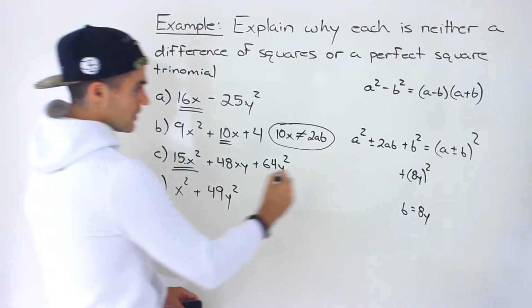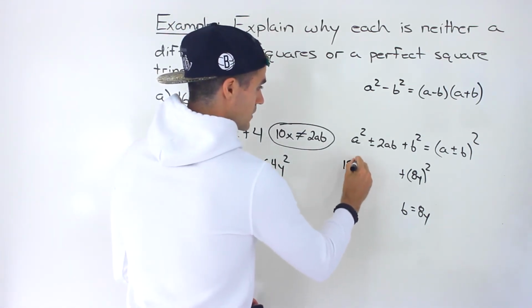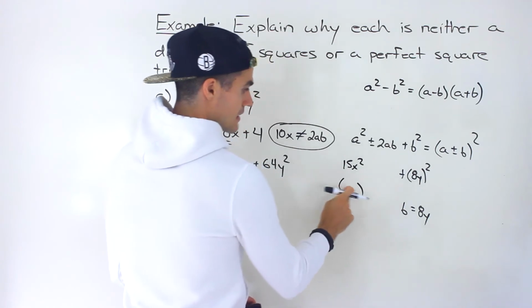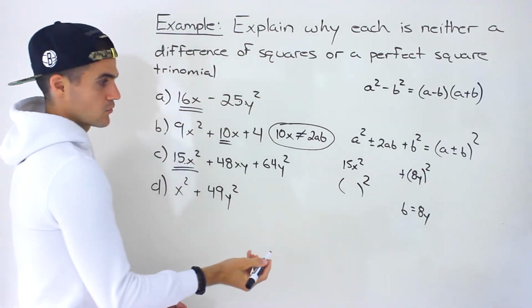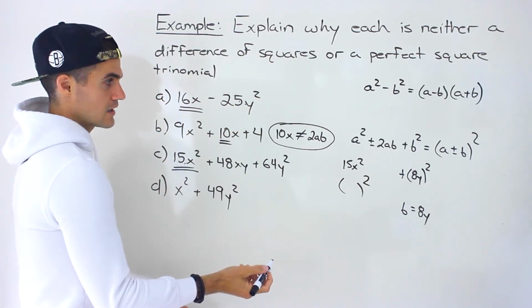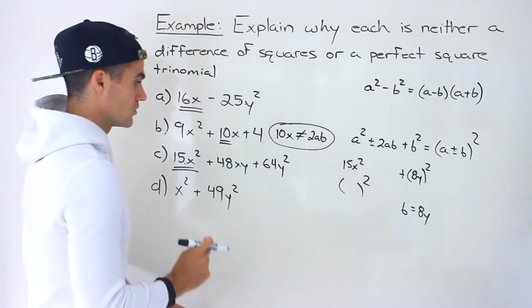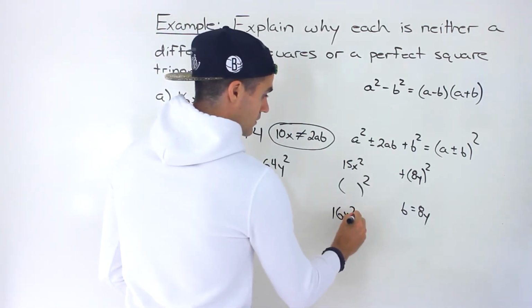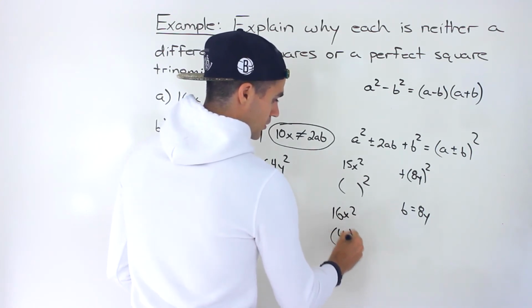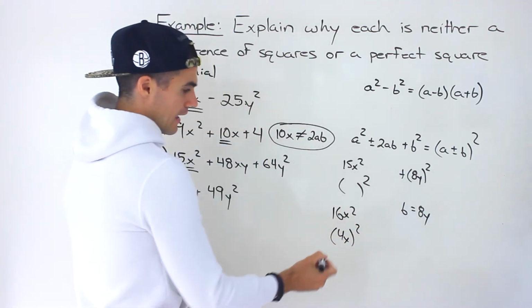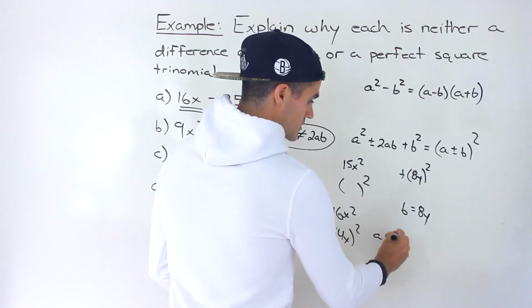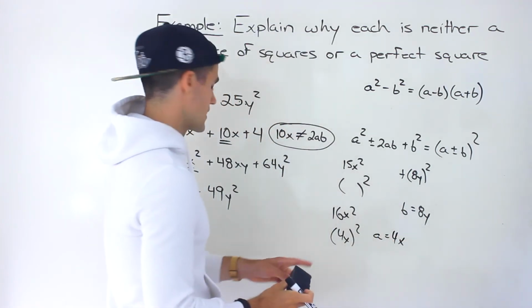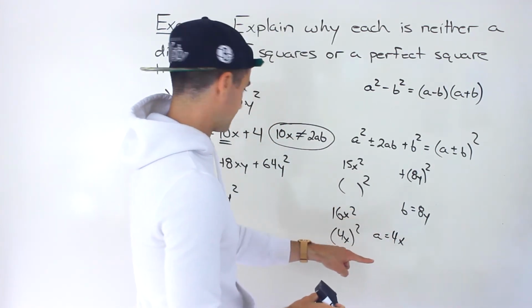But this over here, this 15x squared, there's no way to take that, put something in brackets, and then square it. Okay, so we can't even get an a value from there. Now, if this was like 16x squared, then we could put 4x squared. And then the a value would be 4x. The b value would be 8y.